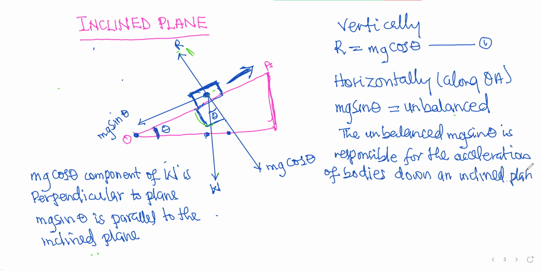So when you tilt a bench or a table and then you place a book, it will always roll down the bench, isn't it, class? Yes, please. It will roll down the plane because of the unbalanced force mg sine theta. This is always acting down an inclined plane.